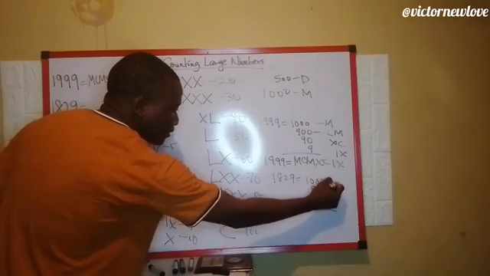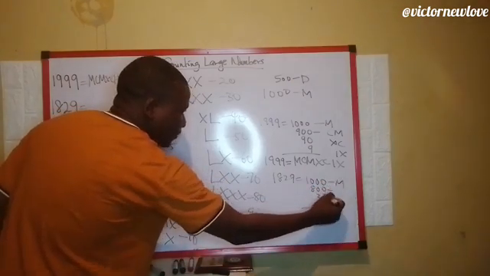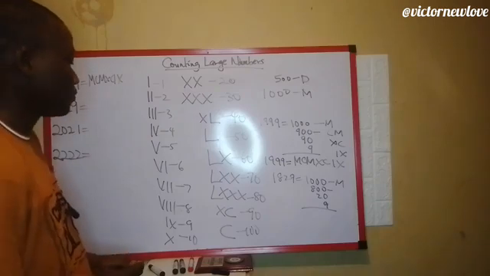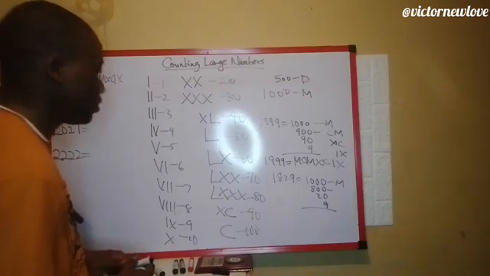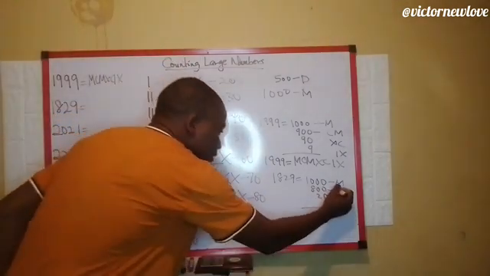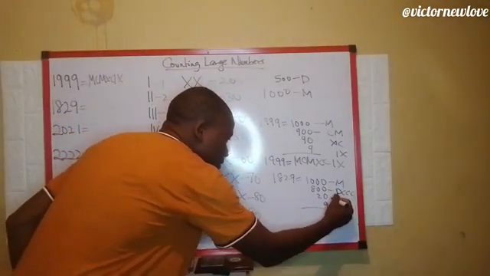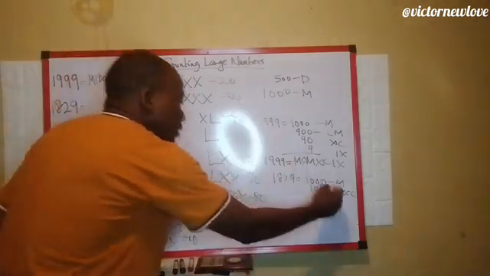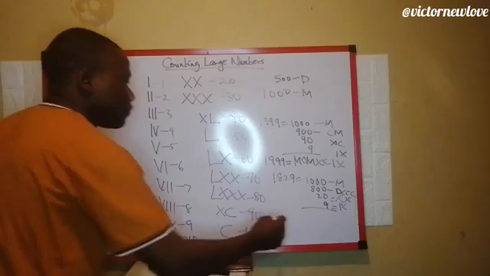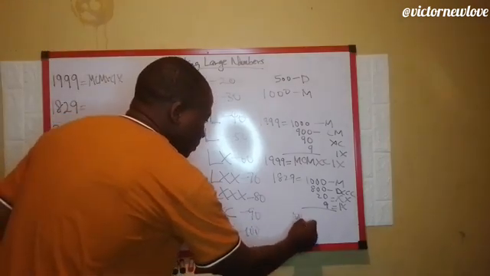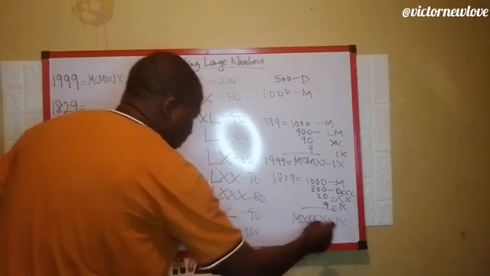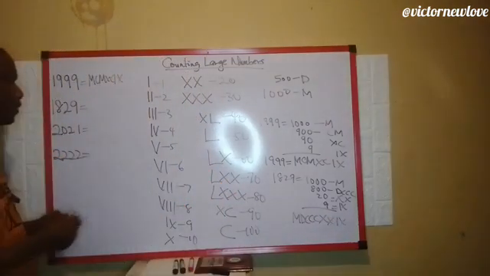So we have 1000, which is M. We have 800. 800 would be, we have 500 to be D. So 800 is DCCC, 20 is XX, then 9 is IX. So this will give us MDCCCXXIX.